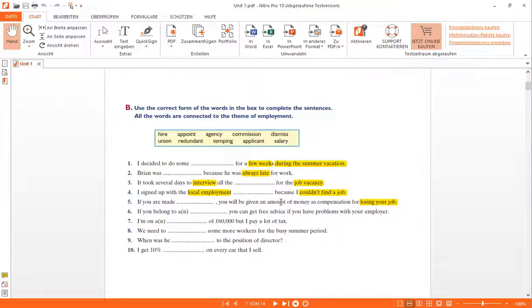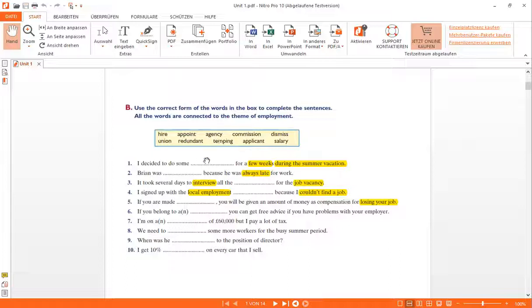So for example, number 1, I decided to do some gap for a few weeks during the summer vacation. So you can imagine, what is this person trying to talk about? This person is trying to talk about a job or taking a holiday. However, we don't have a holiday here, so it can only be a job, a job for a few weeks.